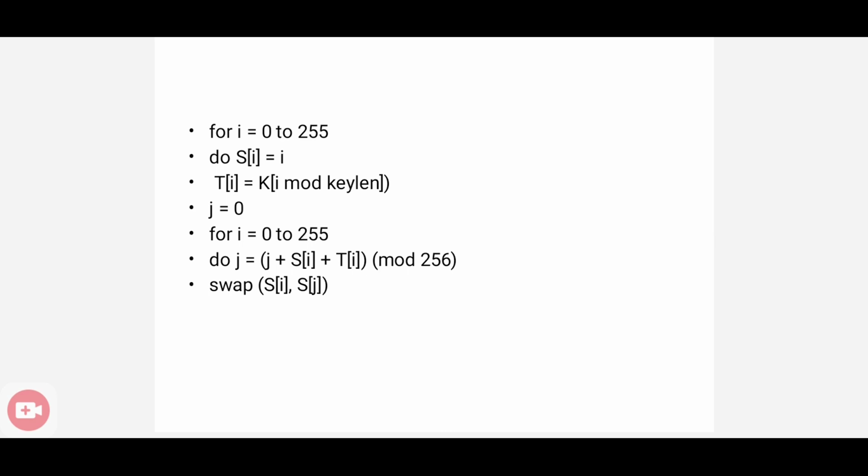Here the key length is 256. So T[0] = K[0 mod 256], which is 0 itself, and in the next iteration T[1] = K[1 mod 256], which is 1. So what we get as T is 0, 1, 2 up to 255.